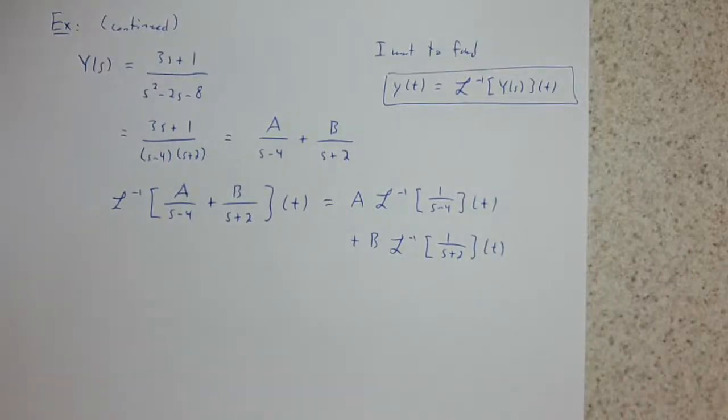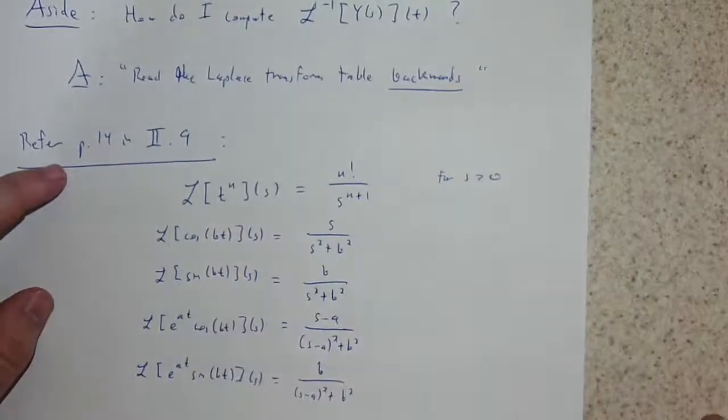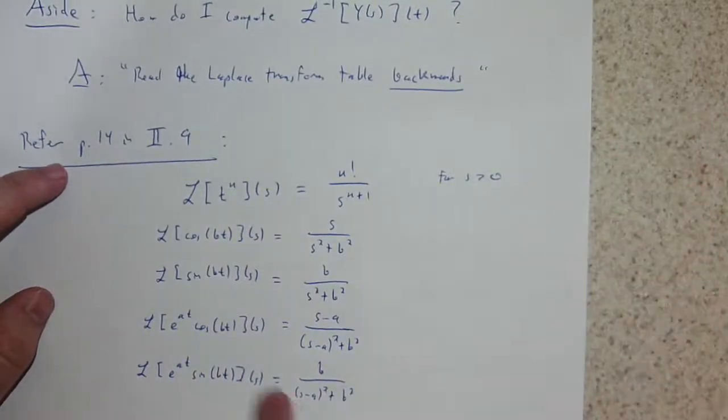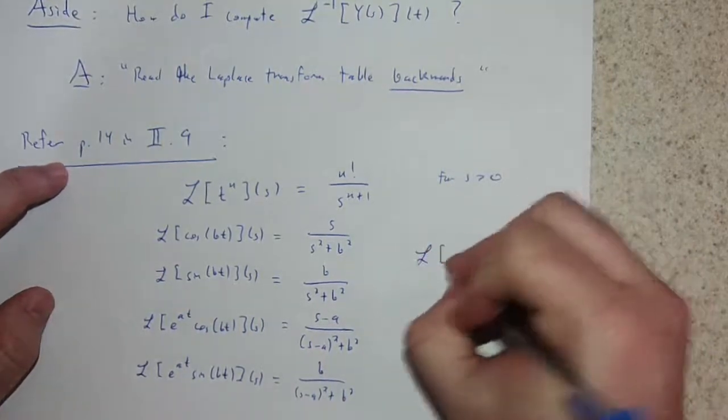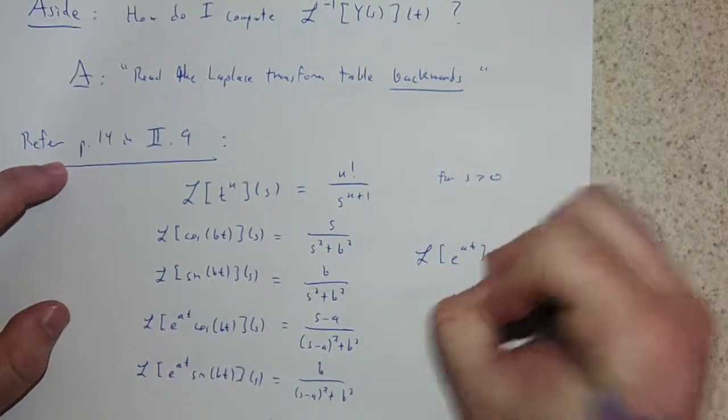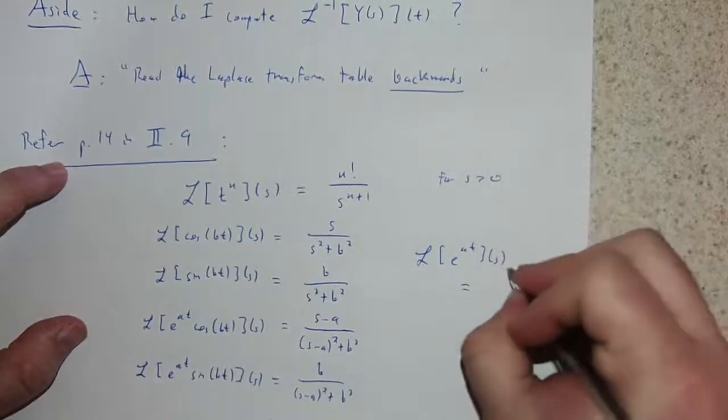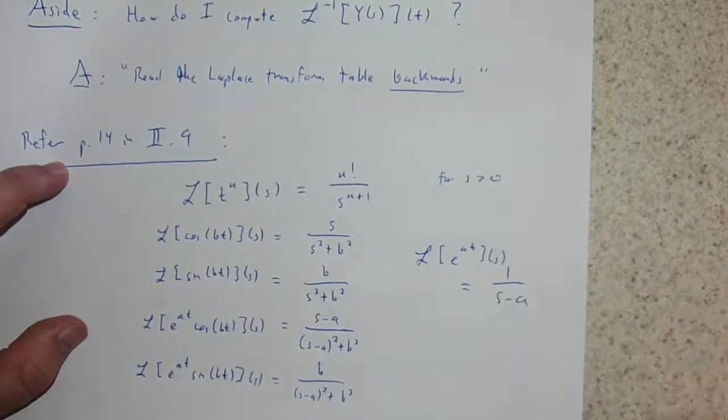Can I find the inverse Laplace transform of these things? Well, I didn't write it as a direct entry in this table. It's hidden. If I take b equal to 0, so that this is the Laplace transform of e to the at, I get s minus a over s minus a squared, so 1 over s minus a. The Laplace transform of e to the at of s is 1 over s minus a.